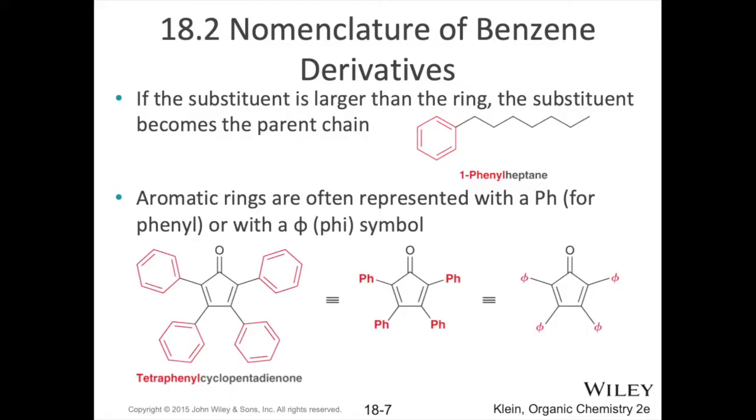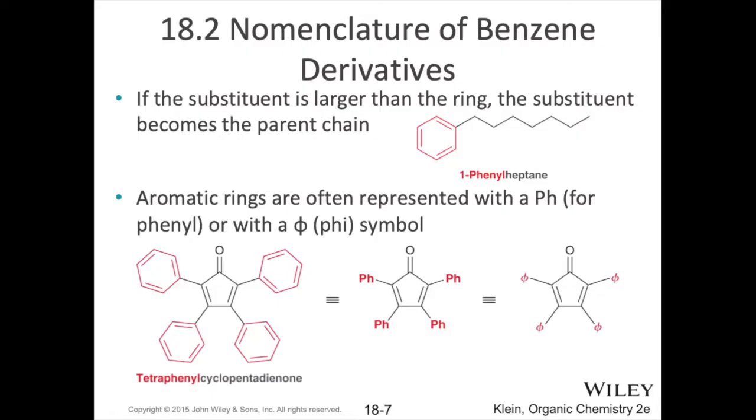The largest set of carbons has to become your parent chain, and so in this case, when you use benzene as a prefix, as a substituent itself, the word we use is phenyl. Notice the difference versus phenol, which is a hydroxybenzene. Here we have phenyl with a Y, the aryl, so the adjective form of benzene.